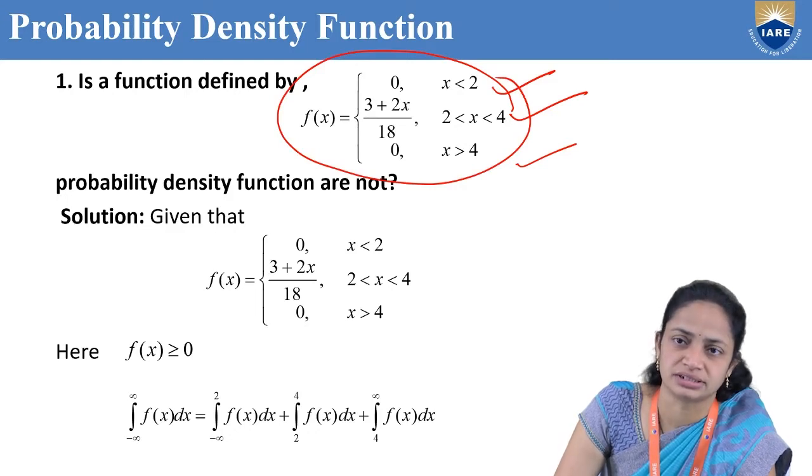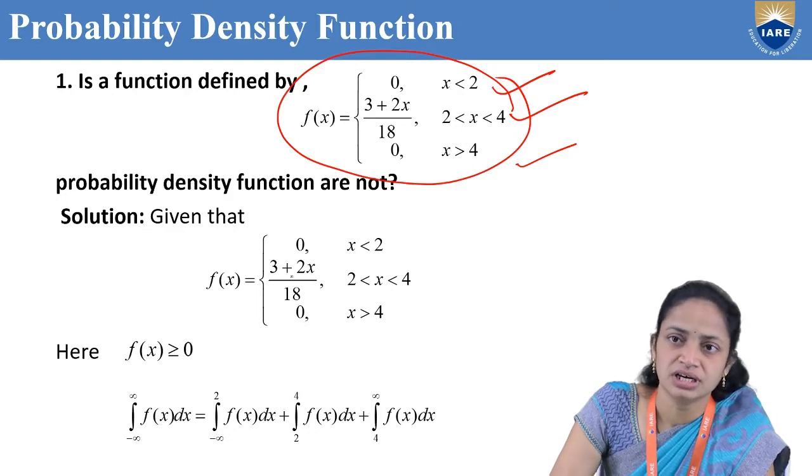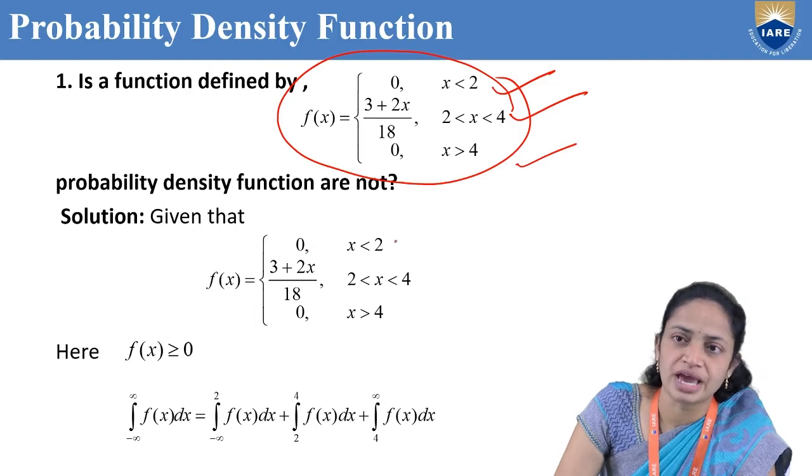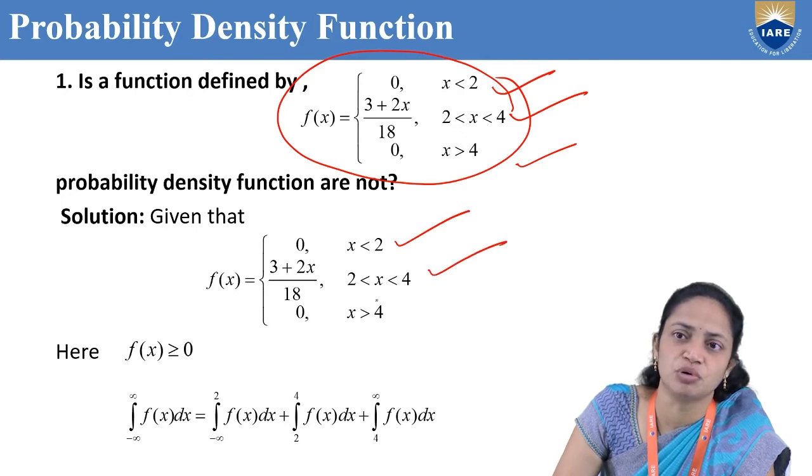So given that, what is our function? 0 where x less than 2, (3 plus 2x) by 18 where 2 less than x less than 4, 0 where x greater than 4. So this is our function. We have to check whether it is a probability density function or not.